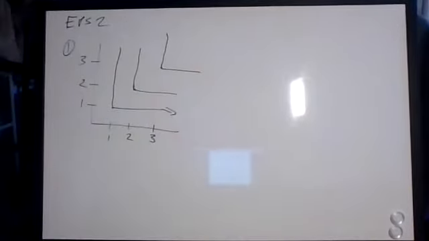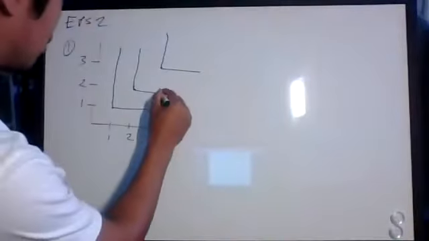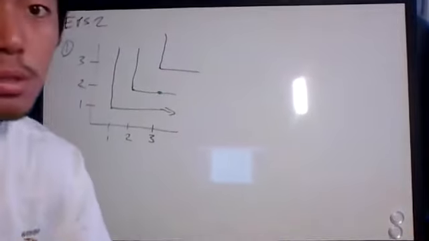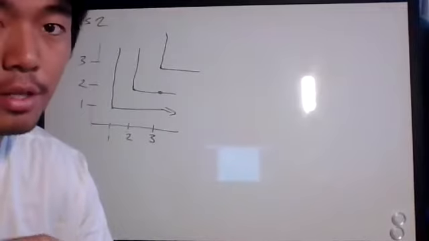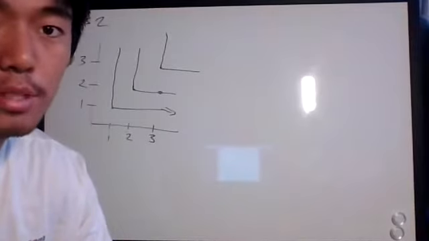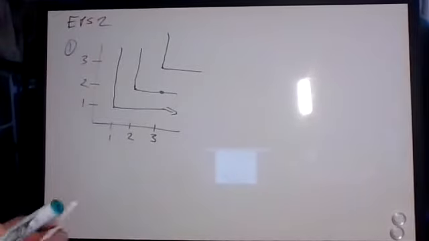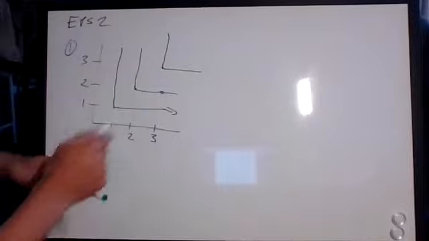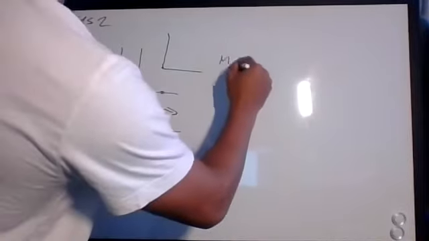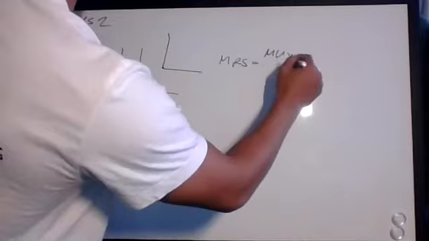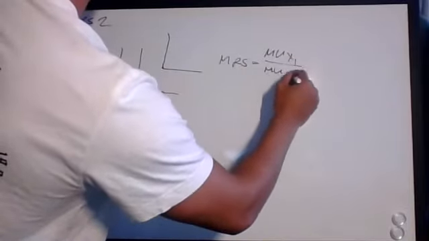And so at the point 3, 2, that means that we're currently right over here. If you think about what their marginal rate of substitution is at the point 3, 2, there are 2 ways that you can approach this. You could break it down into MRS equals the marginal utility of x1 over the marginal utility of x2.